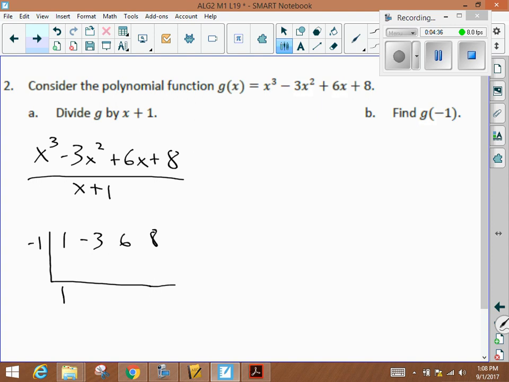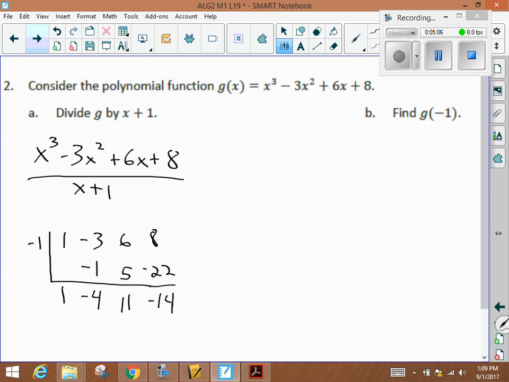Negative 1 times 1 is negative 1. Negative 3 plus negative 1 is negative 4. Negative 1 times negative 4 is positive 5. And 6 plus 5 is 11. Negative 1 times positive 11 is negative 22. And 8 plus negative 22 is negative 14. There we go.